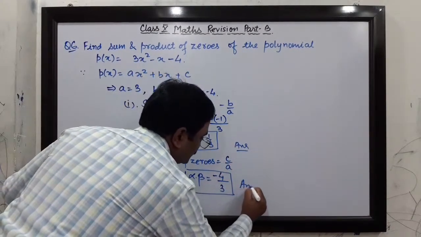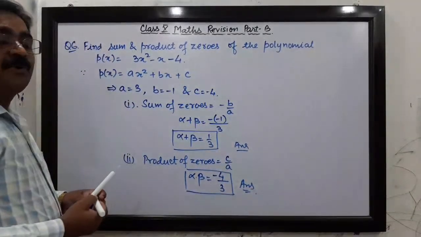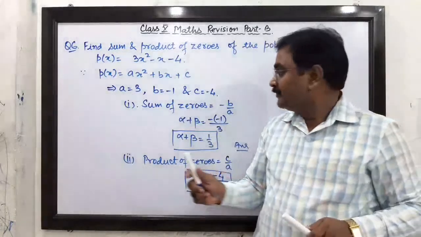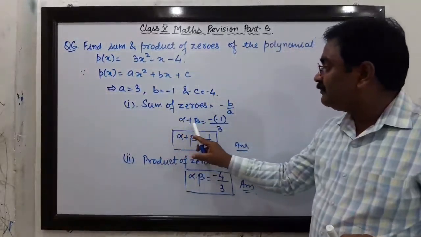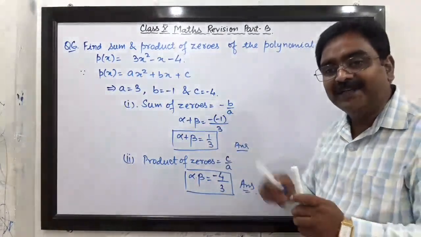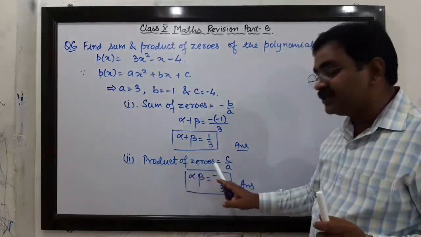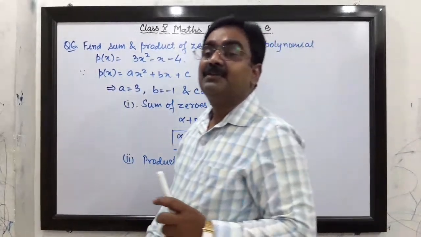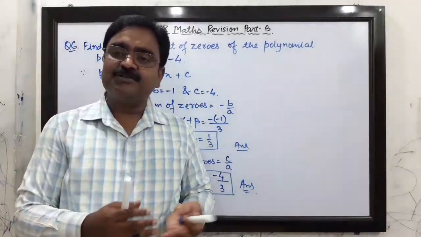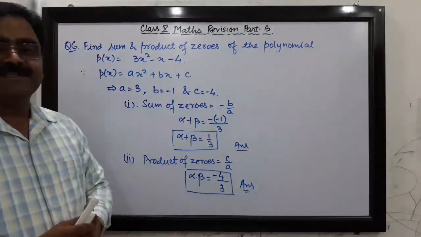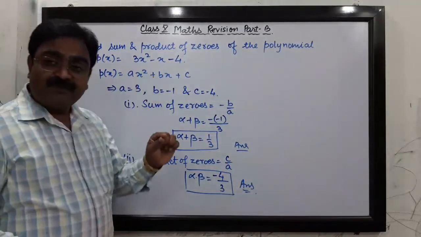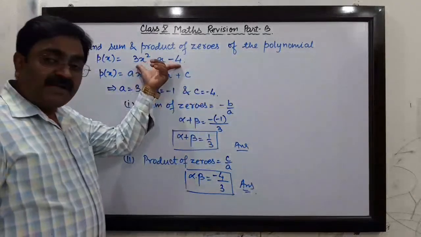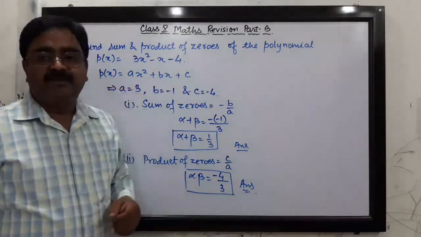It is the sum of zeros and the product of zeros. Right friends? So keep the formula handy. Sum of zeros, alpha plus beta, is equal to minus b upon a, and product of zeros, alpha into beta, is equal to c upon a. To learn these formulas, you can solve this type of question easily. First, compare this quadratic polynomial with the standard form.